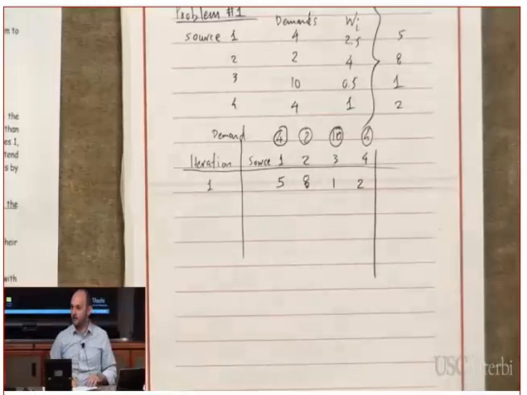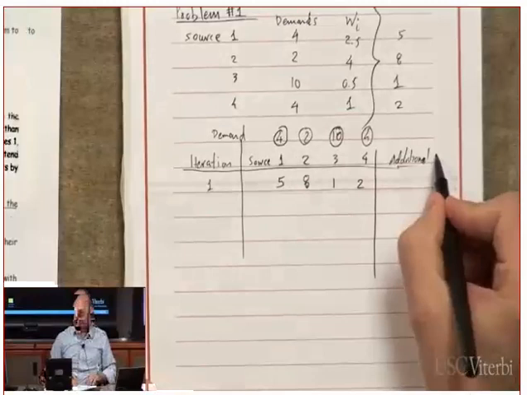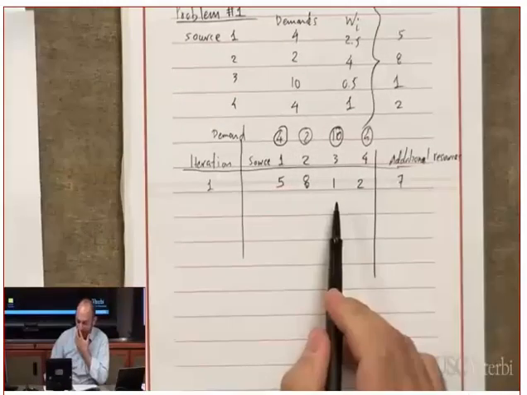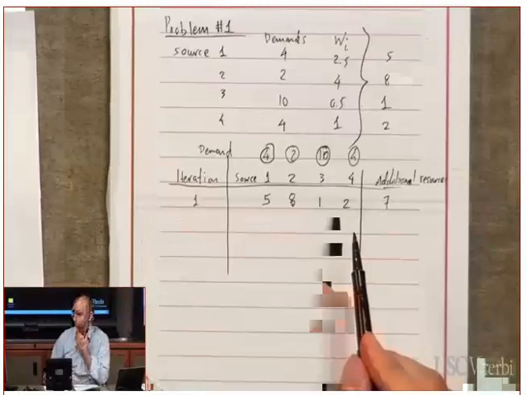So how much does each of these sources want? This one wants 4, this one wants 2. And how about those 2 sources? This one has 1 so far, and this one has 2. Their weights are 1 and 2. So I'm going to redistribute the 7 resources that I have proportionally.